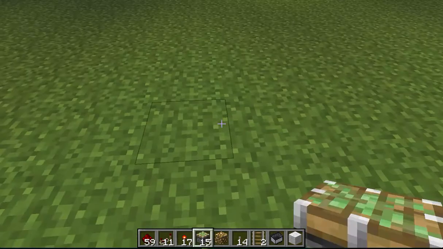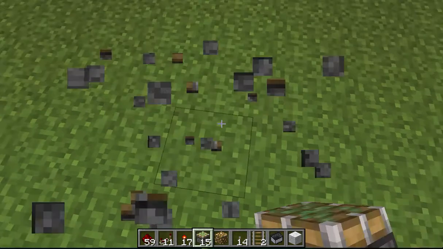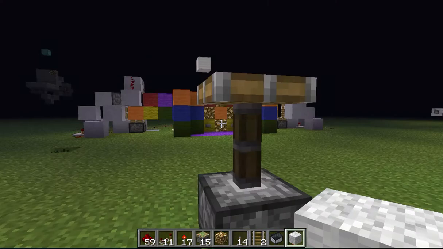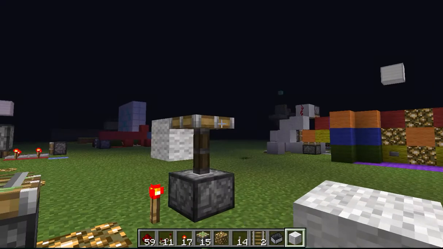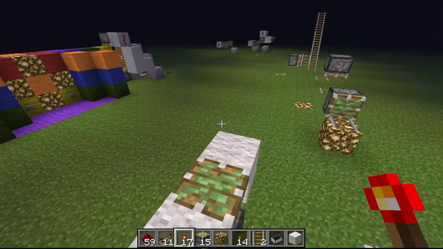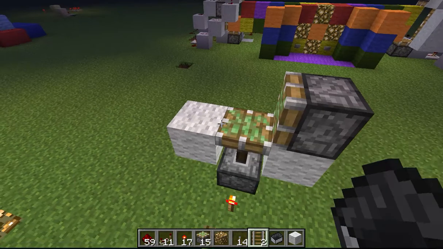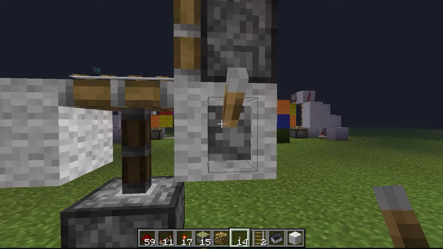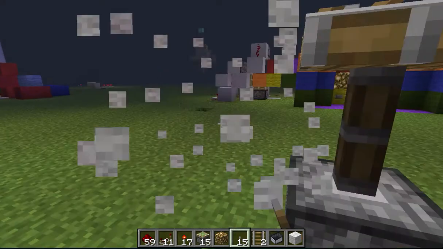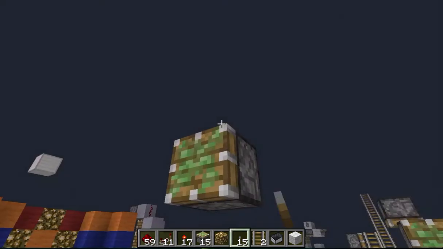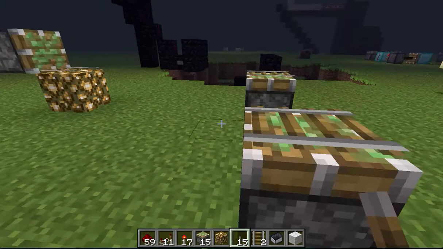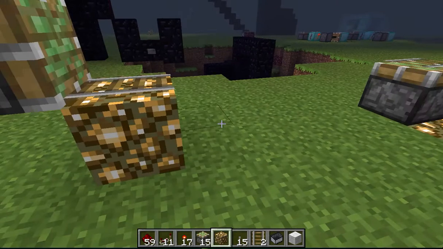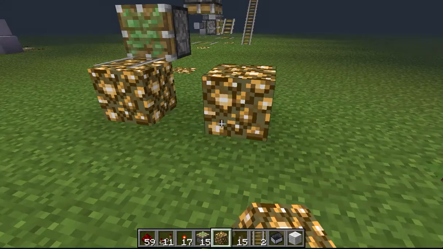The way I did this is I had a piston, powered up, dropped a block on the side and on the other side, and put a sticky piston on top like that, a rail like that, and I got a lever, powered it on, then I broke these two blocks, and I could break the torch, tracks, and voila, a rail on top of a piston.